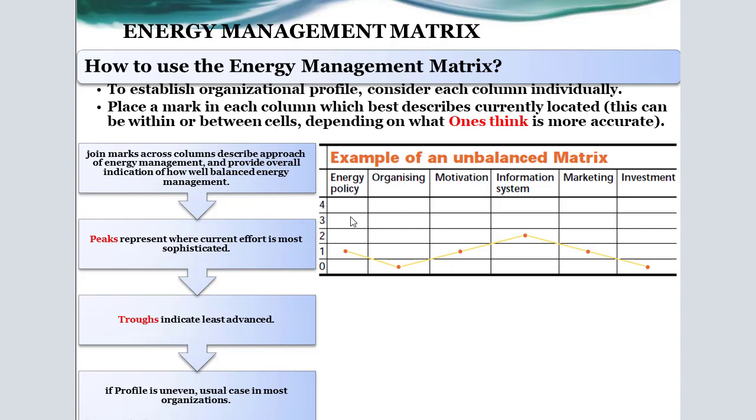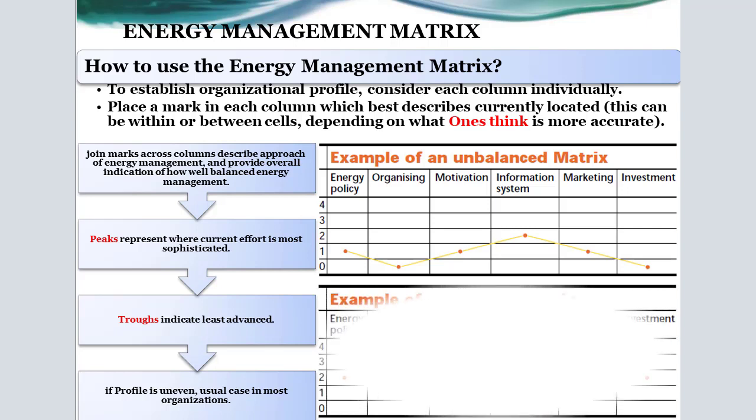Okay. Now, as I said, we make a line to join all these points across the columns, with the related level, and this gives the assessment of the energy management matrix that describes the current situation or evaluation of the energy management system for the organization.